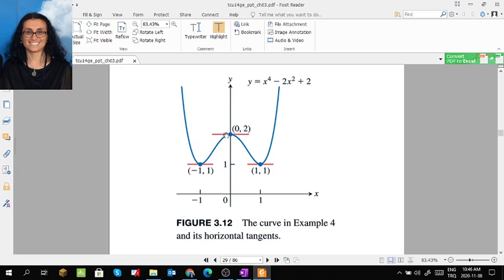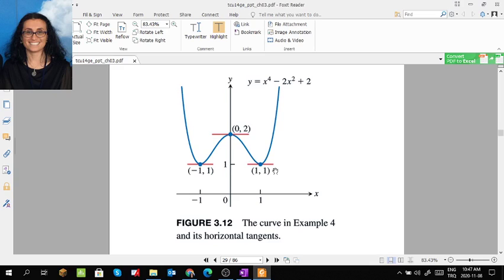Whenever we have such a situation, obviously we have a horizontal tangent line with slope 0. Similarly, we have a local minimum value attained at the point 1 here, and the local minimum value is 1 here, which is obtained at 1. Okay, and we have this horizontal tangent line here as well.